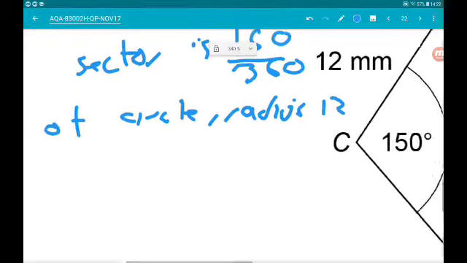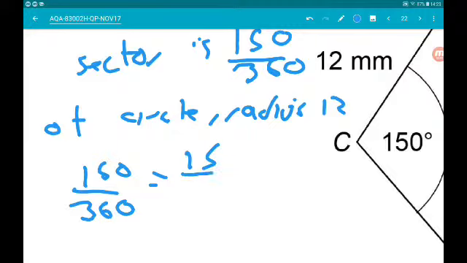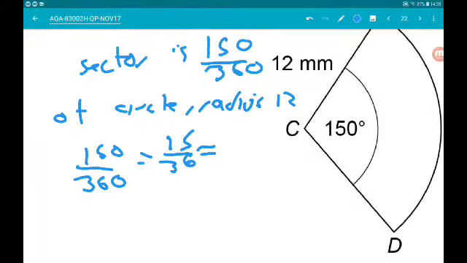So 150 360ths is 5 twelfths. So the area of the sector is 5 twelfths times pi times 12 squared.